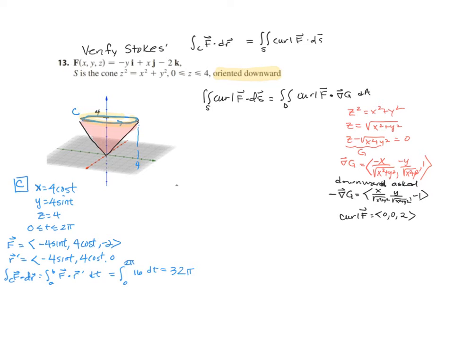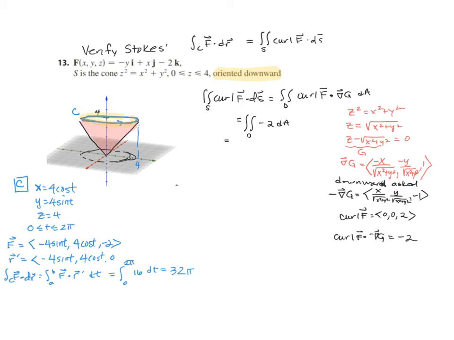So now we need to take the dot product of these two, and we would get negative 2. And so back up here, our integral is going to become negative 2 dA, and the D is the projection into the xy plane, which is a circle of radius 4.